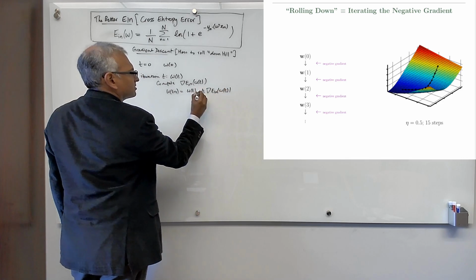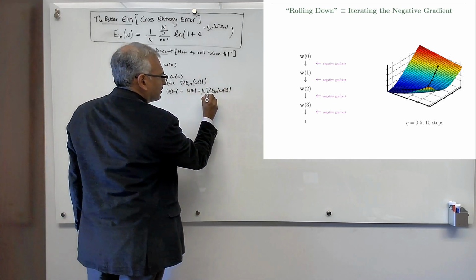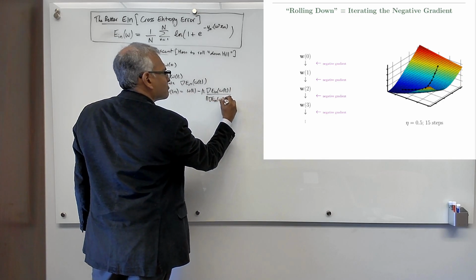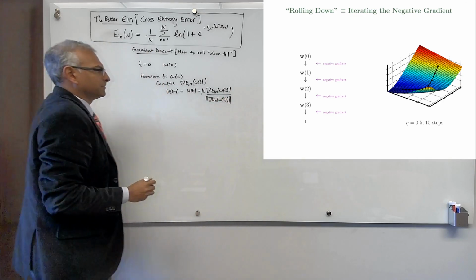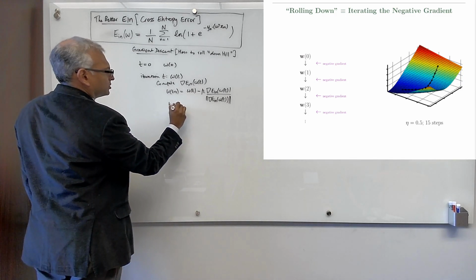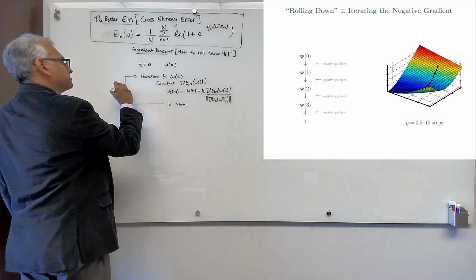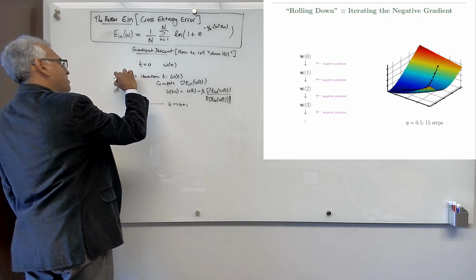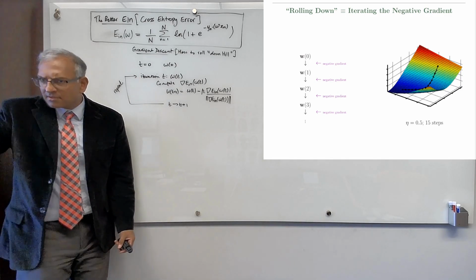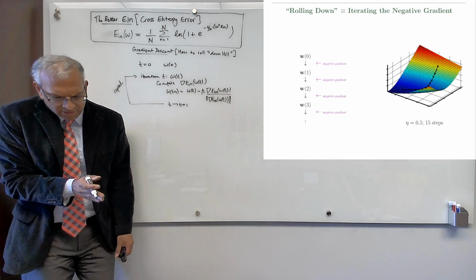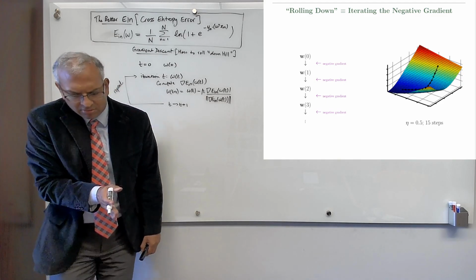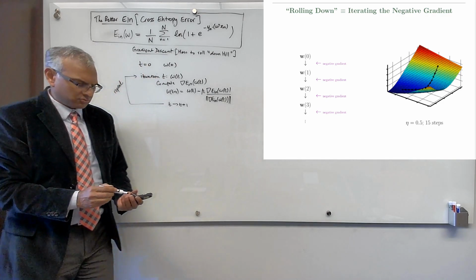Oh, sorry, minus, because the move is in the negative gradient direction, divided by the norm of the gradient. And you can update t to t+1 and repeat. This implements that idea of finding the steepest direction in which to move a little bit, find the new steepest direction, move a little bit, and so on and so forth.